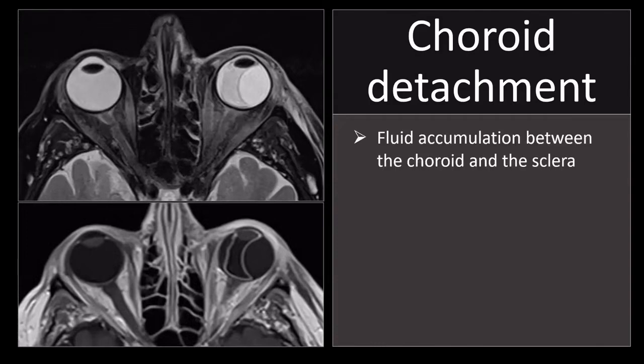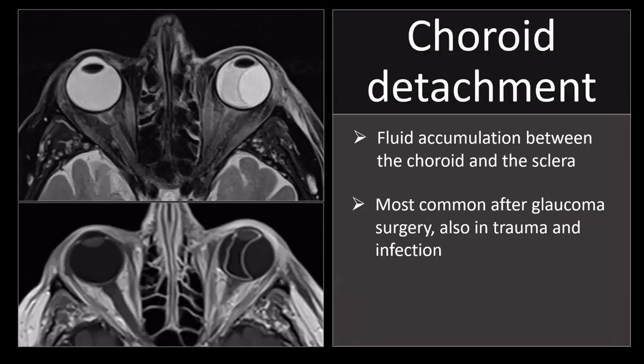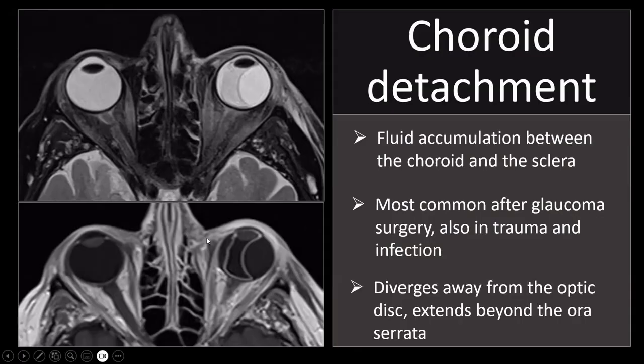Now, choroid detachment is the accumulation of fluid between the choroid and the sclera. It is most commonly seen after glaucoma surgery, but can also be seen in trauma and infection. In trauma, it will be filled with blood, and in infections often with transudates or exudates.